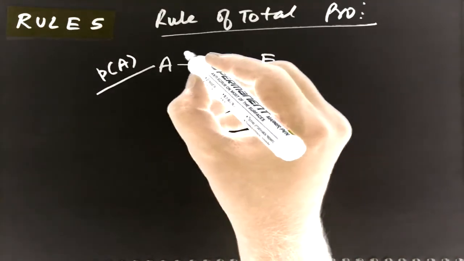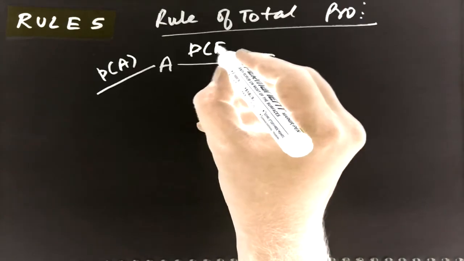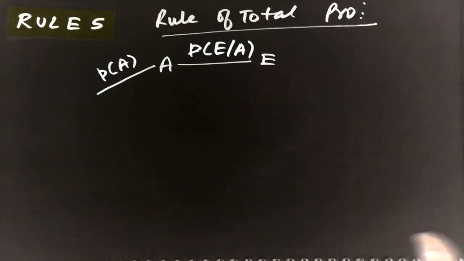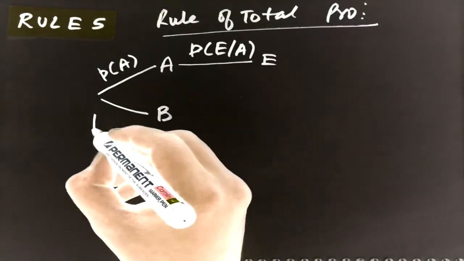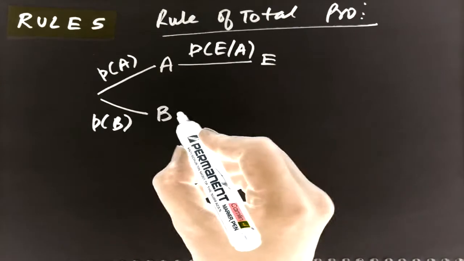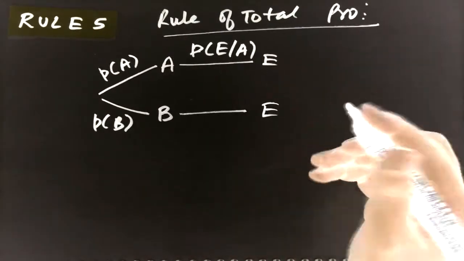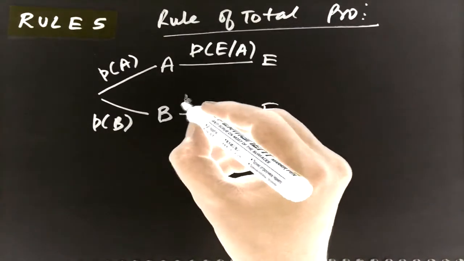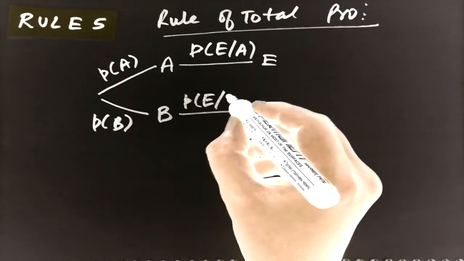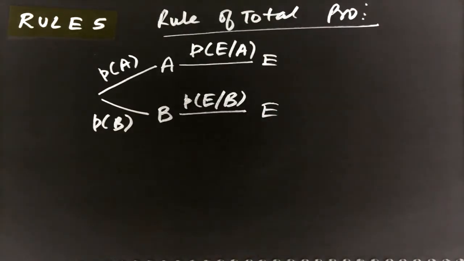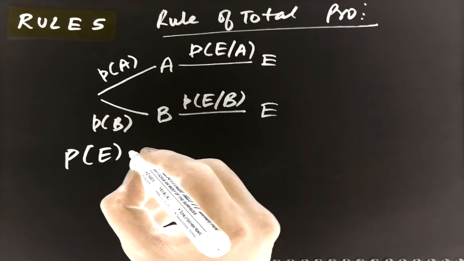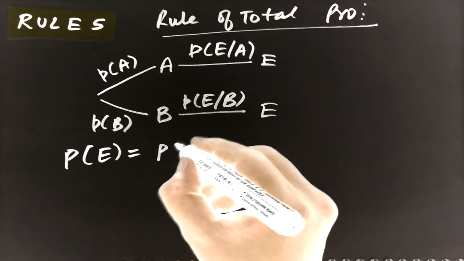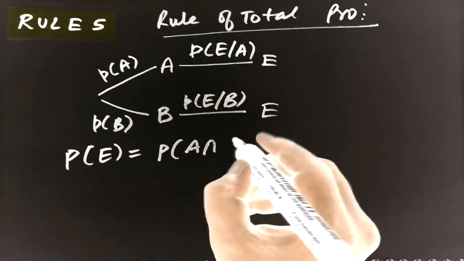So this will be probability of event E when A work is done. Similarly, there can be another event B, so its probability will be simply probability of B. And again the E event has been done, so it will be written as probability of E when B has been done.